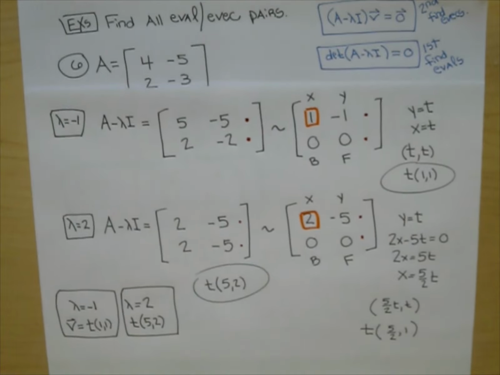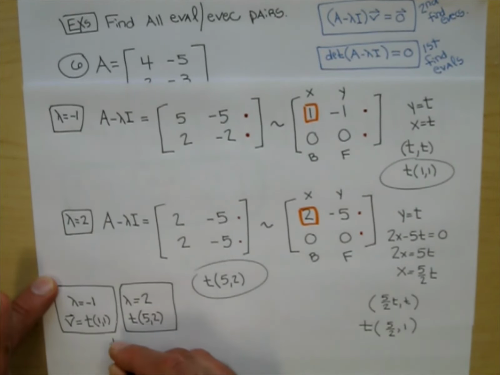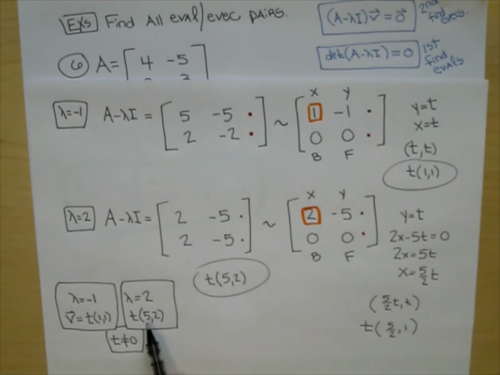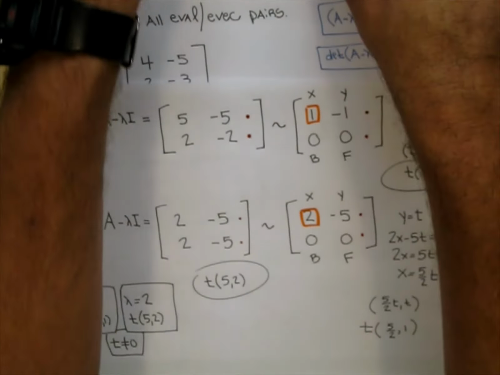An important thing that we should put, but the book often doesn't, is you should specify that t does not equal 0. There's an important reason why I'm doing that here in lecture: if t is 0, then you're allowing for the eigenvector 0, 0, which we do not want. So that was the result of doing all this work.